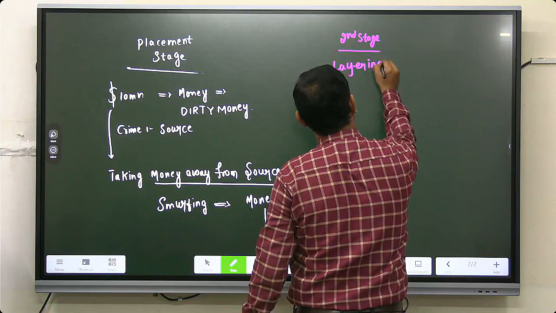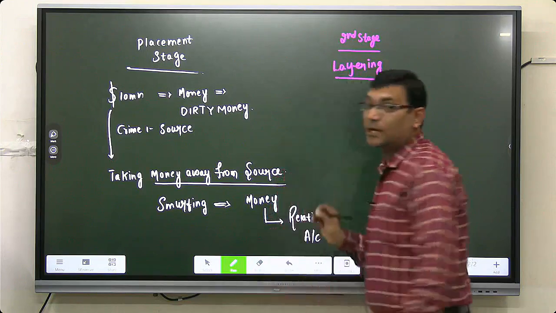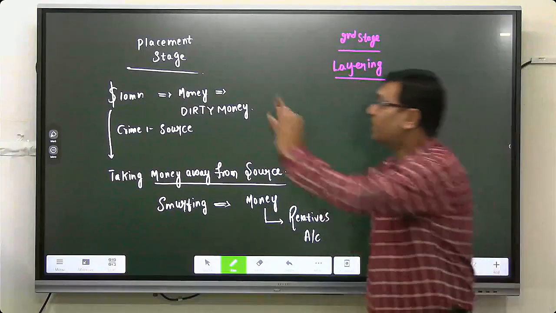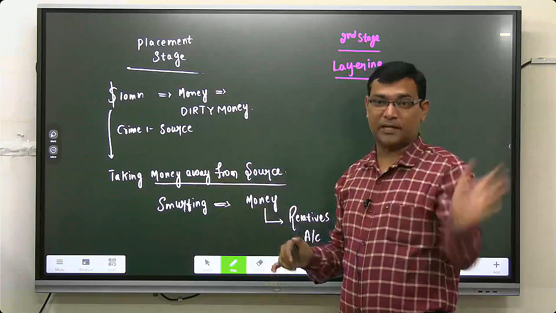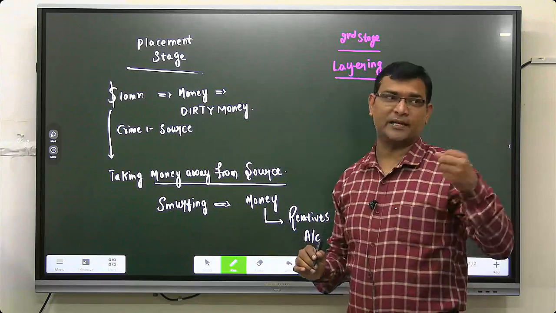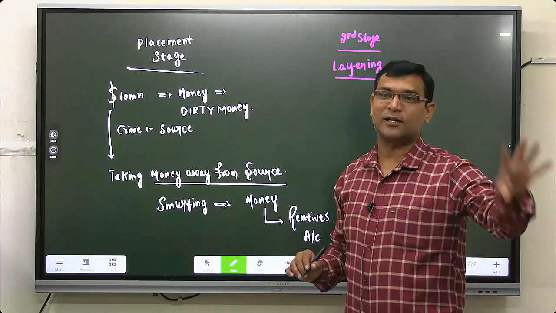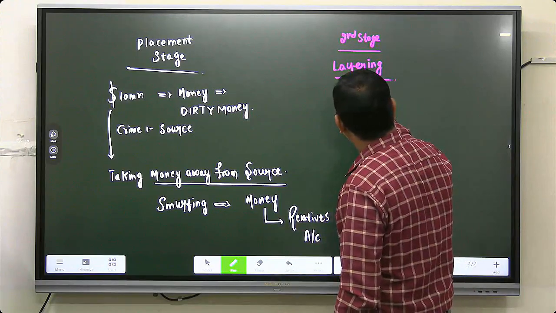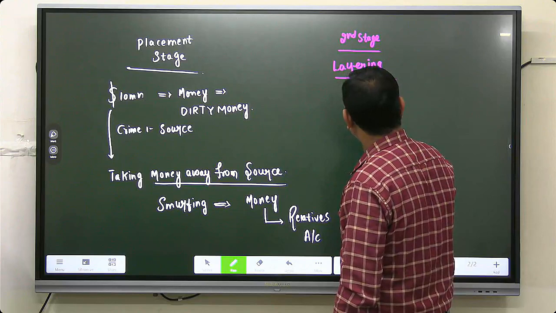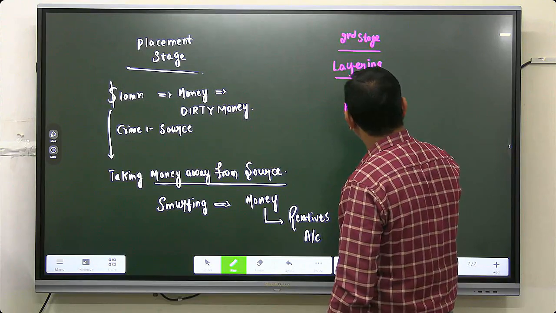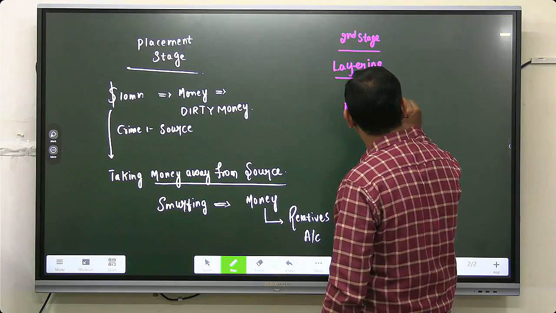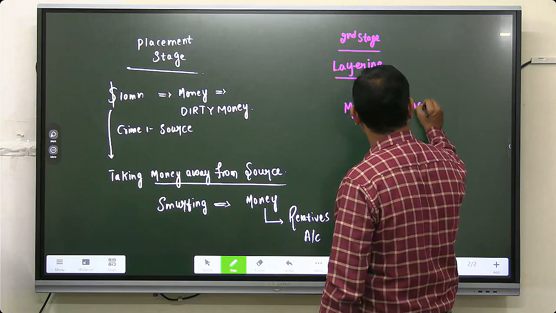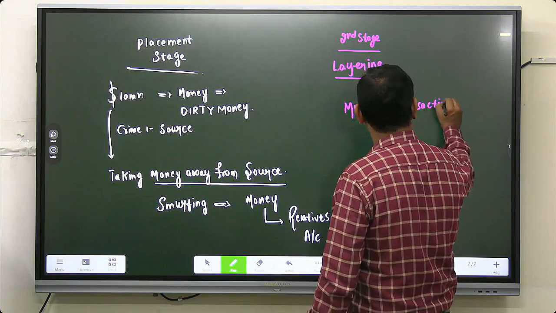In layering, what you do here? Multiple transactions. Same amount of money, you will do multiple transactions. Buying house, buying necklace, buying your car, etc., etc. So what you do here? Multiple transactions. Right?